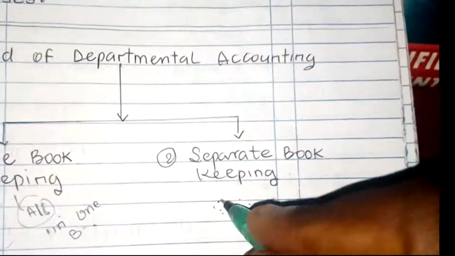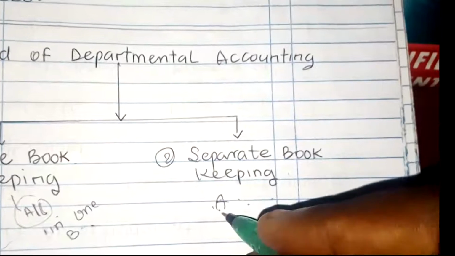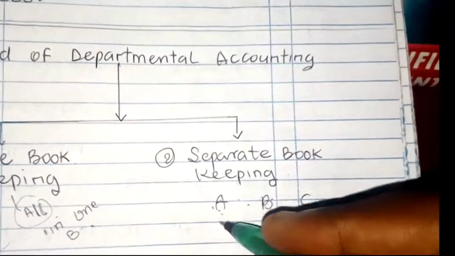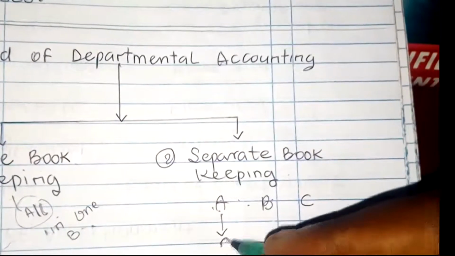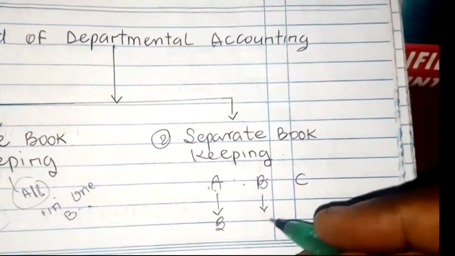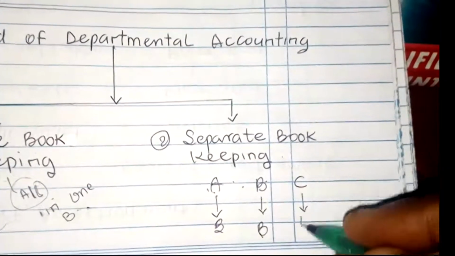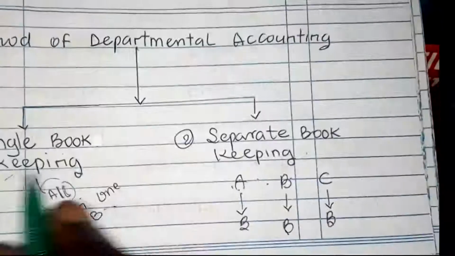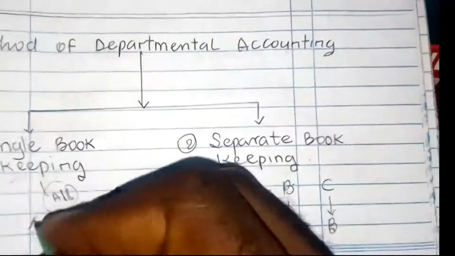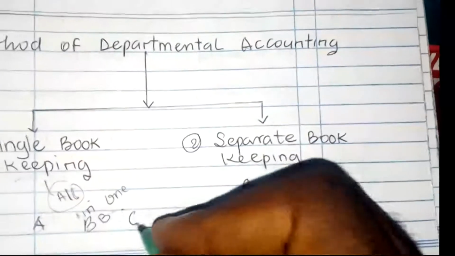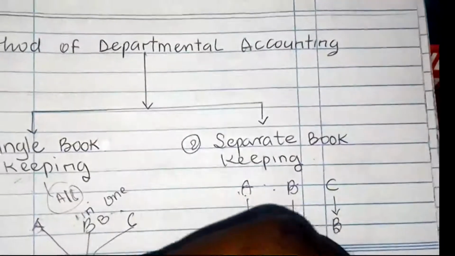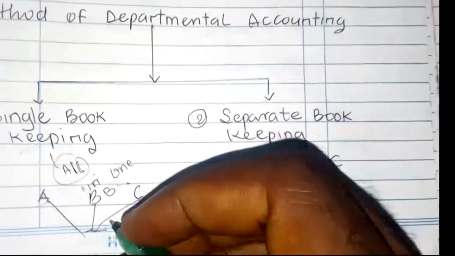Especially where we keep separate bookkeeping, allocation of expenses is when you charge the whole item of expenses to a particular department.